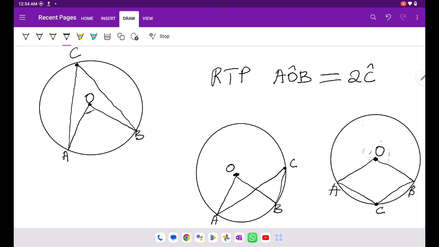We are joining CO and producing it. Now as we do that, we have divided our angle AOB into two, so we can say this is O1 and this is O2.